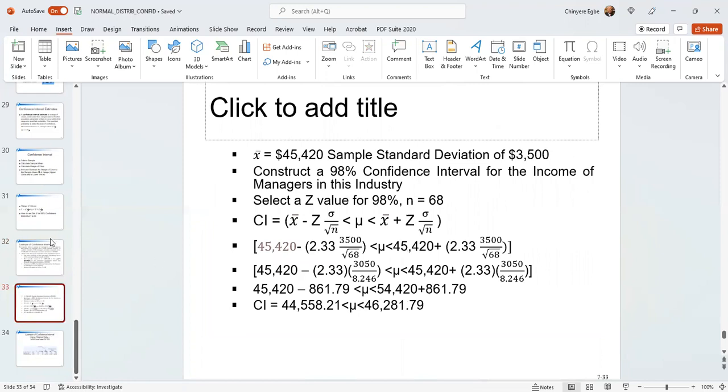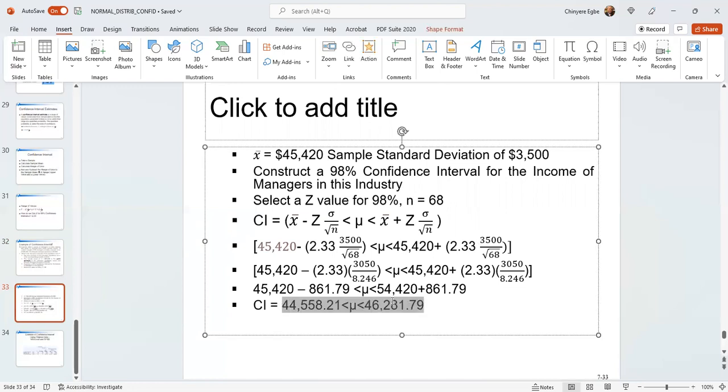So now we take the sample mean, 45,420, minus the Z value we used times 3,500 over the square root of 68. We do it on the left side, we do it on the right side, and when we are done, what do we have?